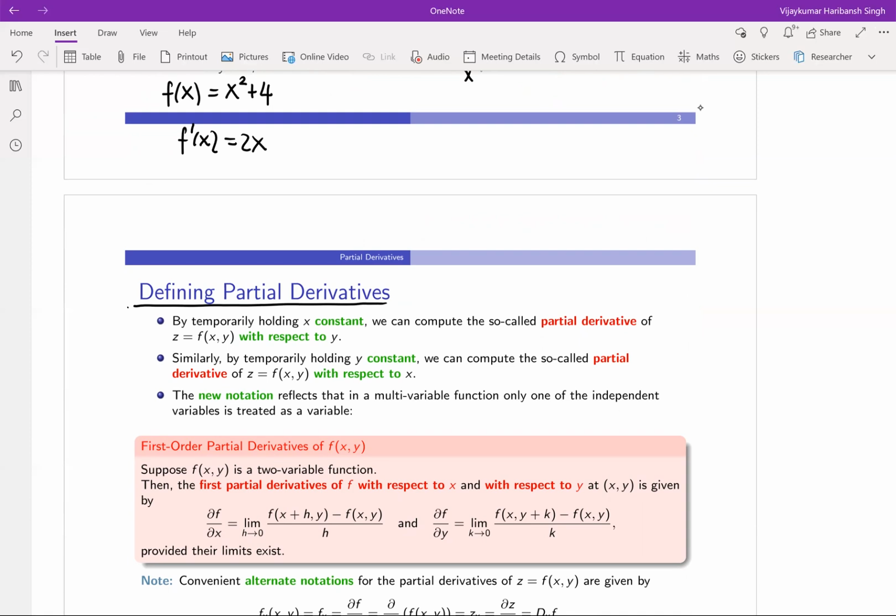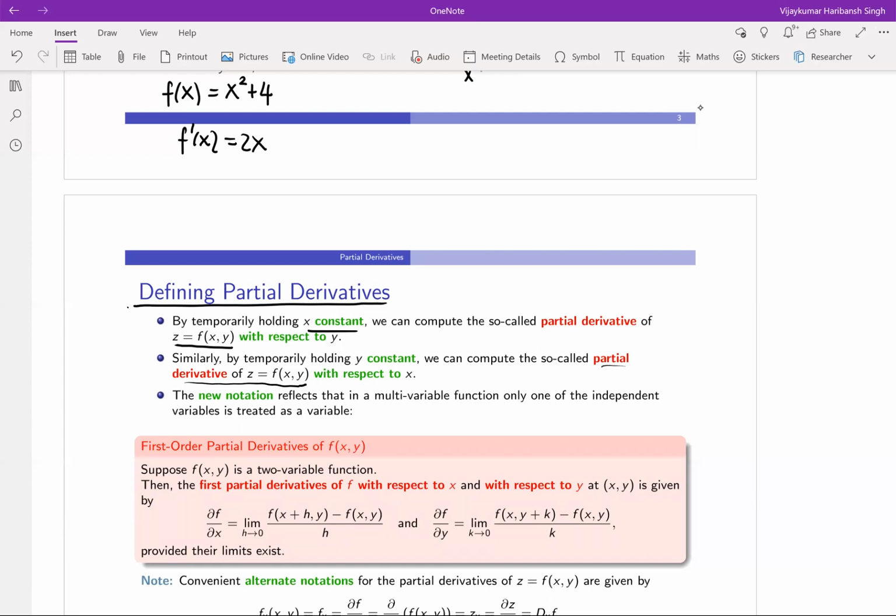By temporarily holding x constant, we can compute the so-called partial derivative of z equals f of x, y with respect to y. And similarly, by holding y constant, we can compute the partial derivative of z equals f of x, y with respect to x.